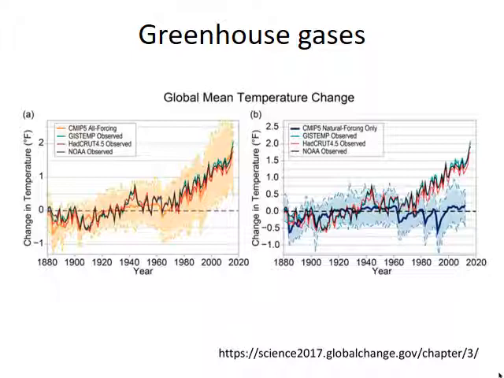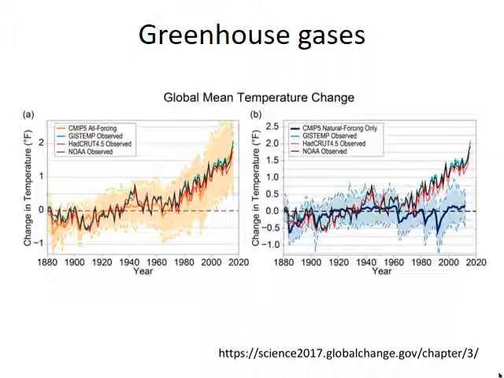That slide we have already seen before. It shows you again that if you take the ensemble mean of all those models and put in the observed and known history of forcings, then these models replicate very nicely the observed changes in temperatures over the past 150 years.